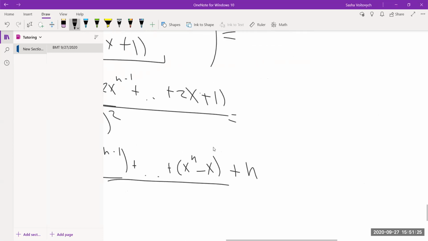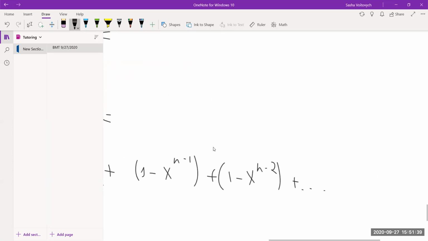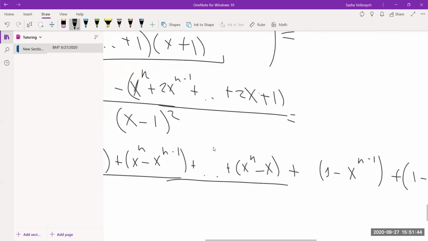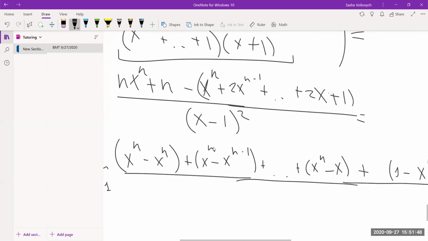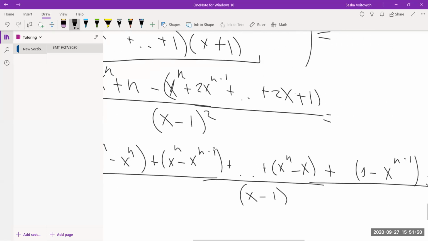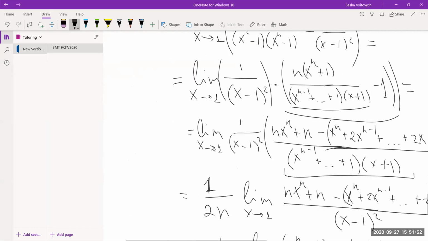And we can divide n into n ones, and we can pair them as well. This would give us the following expression. Okay, so we have to divide it by (x - 1) squared.